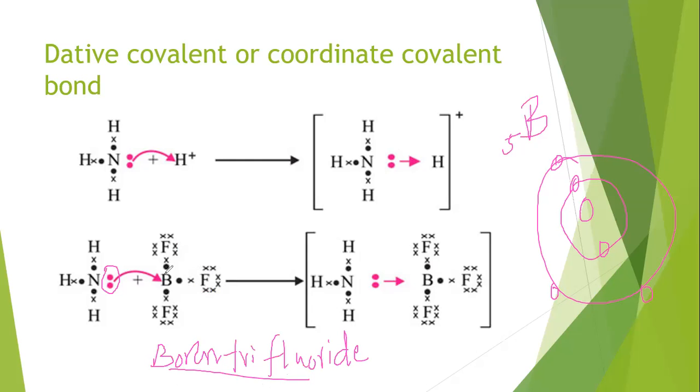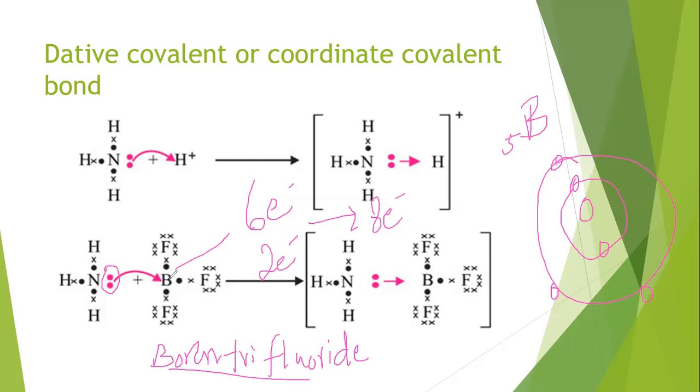Here you can see boron has 2 electrons, 1, 2, 3, 4, 5, 6. Boron has 6 electrons in its outermost shell. This boron needs 2 more electrons to complete its octet, to contain 8 electrons in its outermost shell. So this ammonia will donate its lone pair to this boron atom.